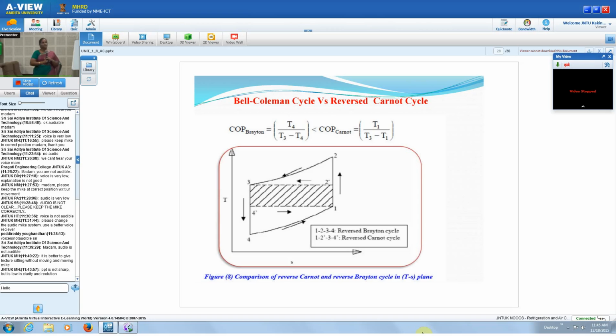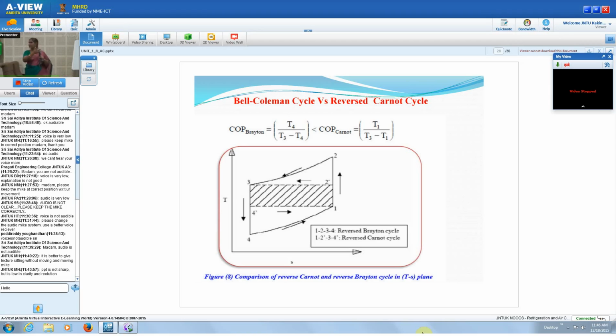And here the COP for the Carnot cycle is T1 by T3 minus T1, because there is constant temperature heat rejection and constant temperature heat abstraction in the evaporator. So that is T1 by T3 minus T1. Similarly, we can also see the COP in terms of the two temperatures only.